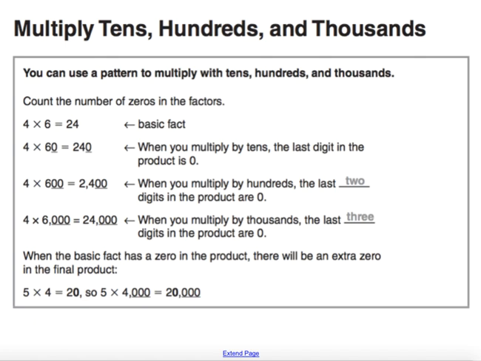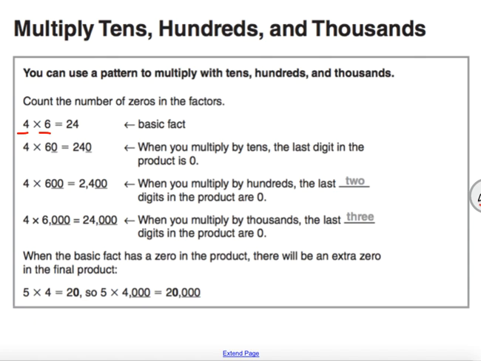Multiply by tens, hundreds, and thousands. You can use a pattern to multiply with tens, hundreds, and thousands. By using this strategy, count the number of zeros in the factors. Let's just remember the factors are, in this case, 4 and 6.